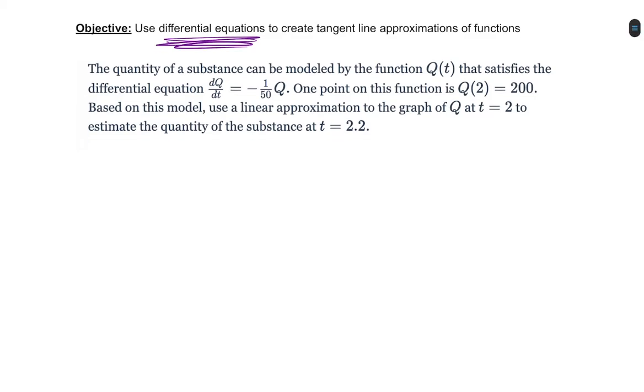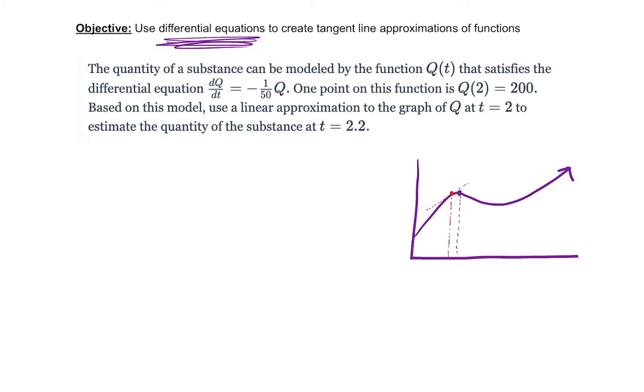So remember what tangent line approximations say is if I have some function f of x, and I'm really interested to know what this point is right here. And say I don't know that point, but I do know two things. Say I know this point right here, and I know the derivative of the function. I know the slope of the tangent line.